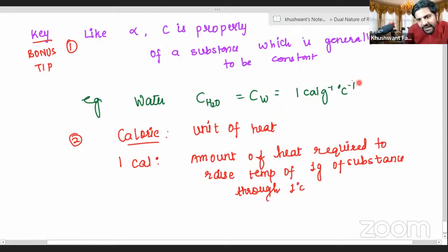This is how we define specific heat capacity as 1 calorie per gram per degree Celsius. ये meaning है. Let's take a question.